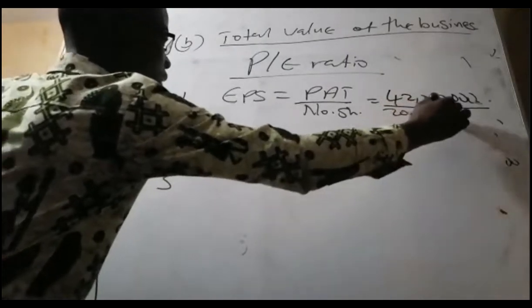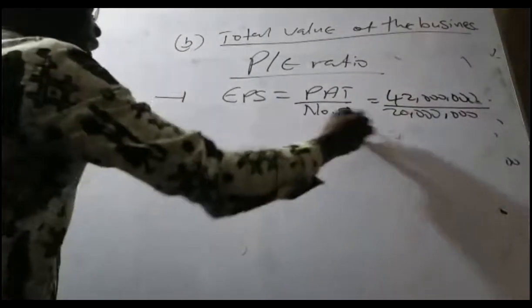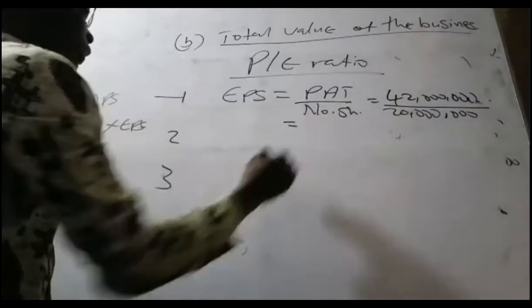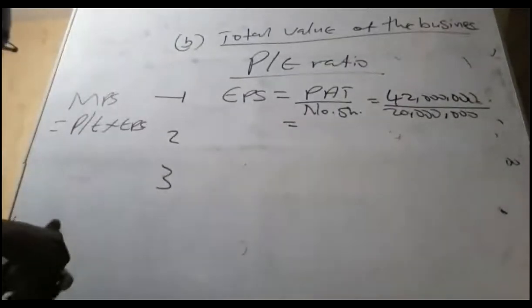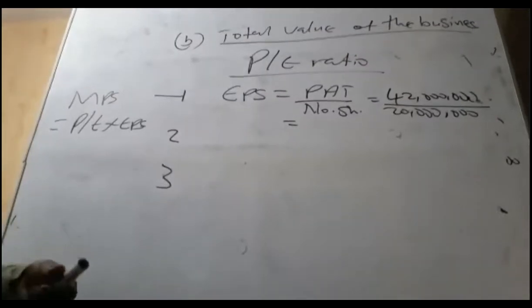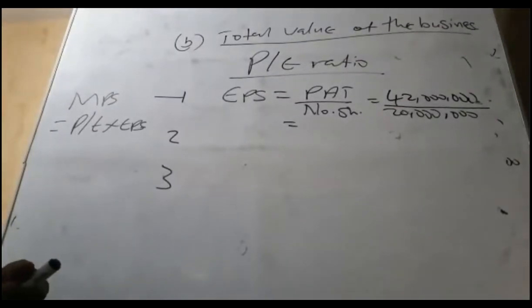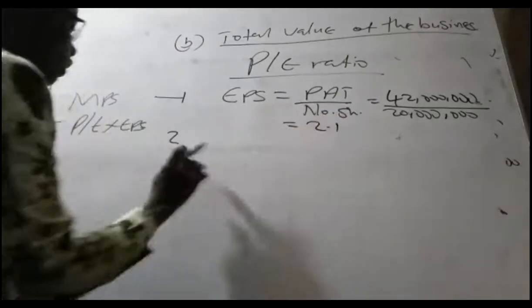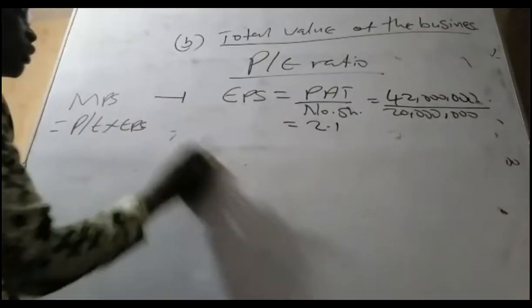How do we get to 20 million shares? So what's the earnings per share? So 42 divided by 20. Answer is 2.1. Perfect. So earnings per share is 2.1. That's the first step if I use the PE ratio. Step 2.